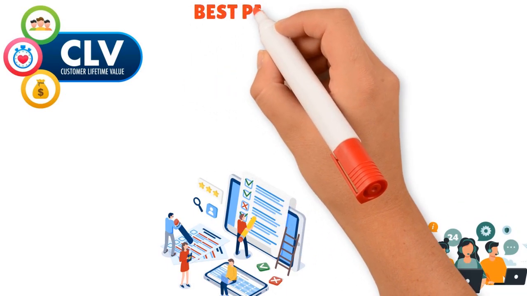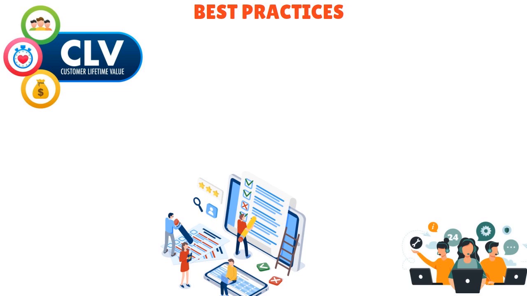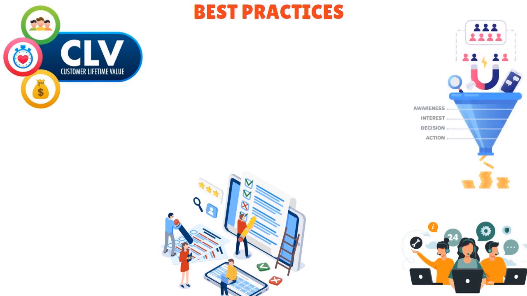So, what are the best practices here if you want to optimize your website for conversions? First of all, you want to make your site easy to navigate. So, a well organized, intuitive navigation structure keeps visitors engaged and guides them through conversion. So, the easier it is for users to find what they need, the more likely they are to convert.